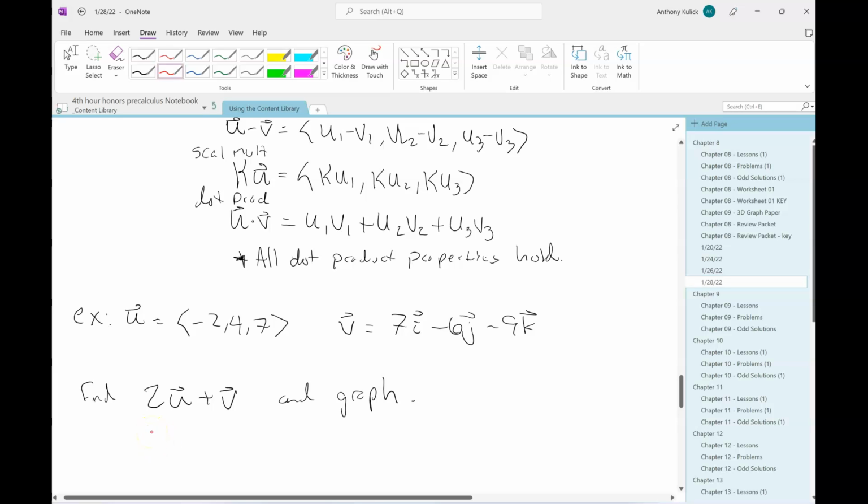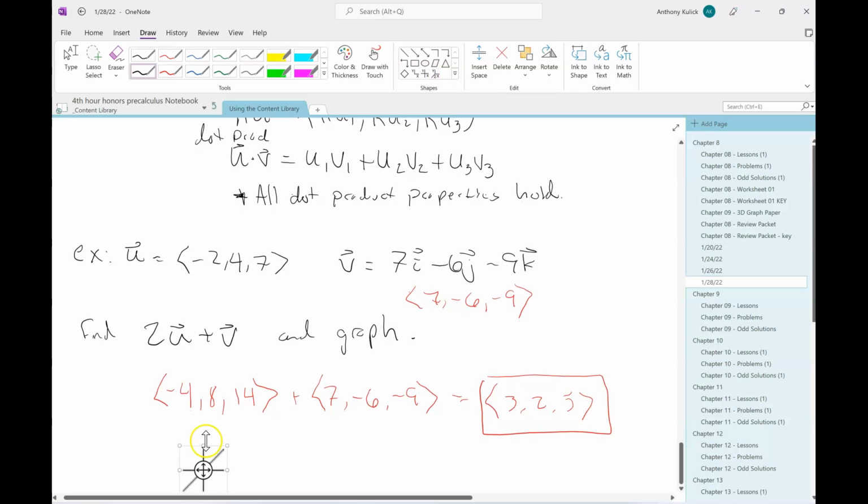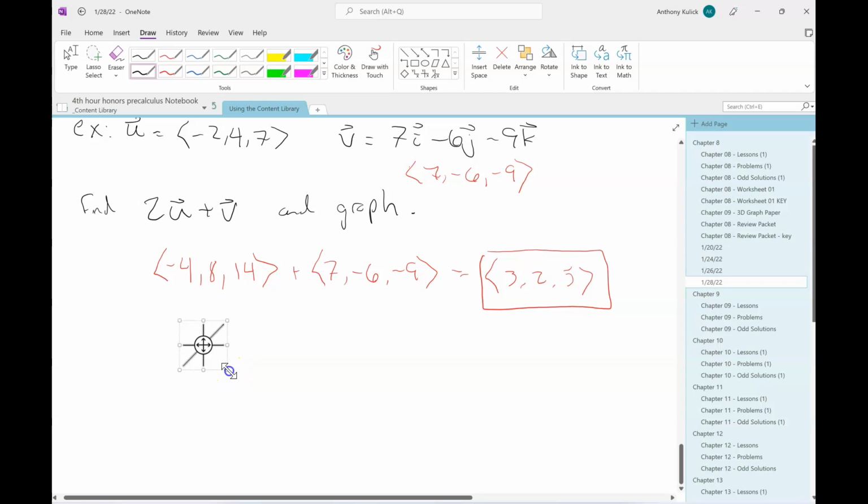So we follow the order of operations just like we did before. We'll start with the scalar multiplication, and then I'll convert my linear combination form into component form. And we just add the vectors. We get 3, 2, 5. And then my last thing I need to do is to just graph this vector.